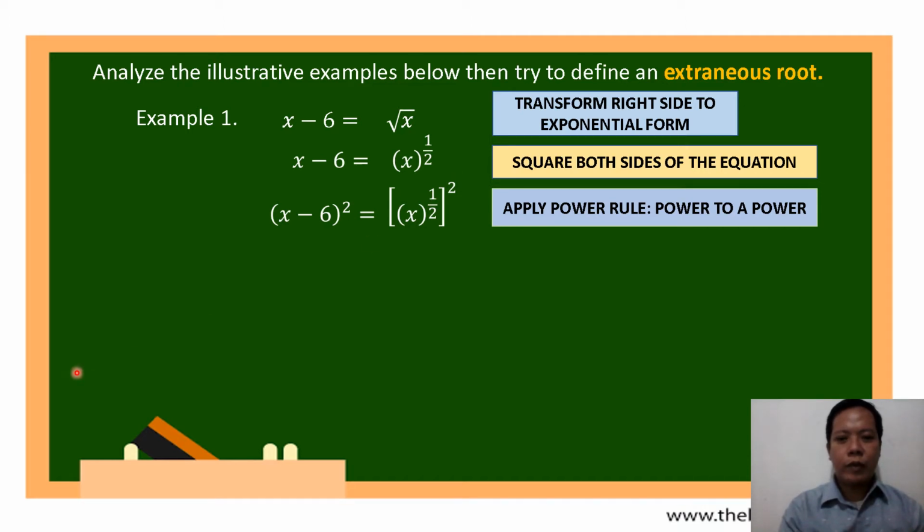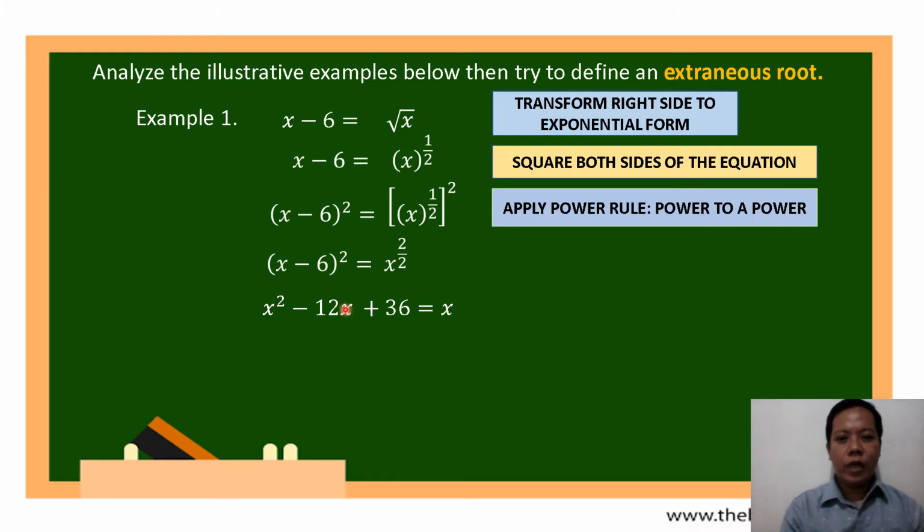So when you multiply 1/2 by 2, the exponent will be 2 over 2. Rewrite the quantity x minus 6 squared is equal to x raised to 2 over 2. Simplifying the exponent, we have 1, or the first power of x. So we have x squared minus 12x plus 36 is equal to x.